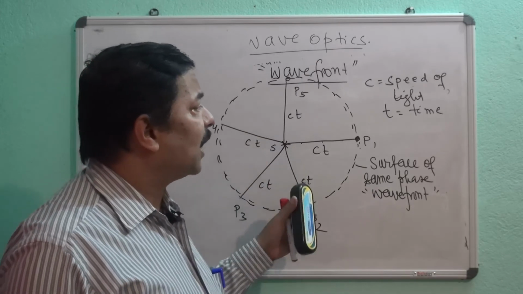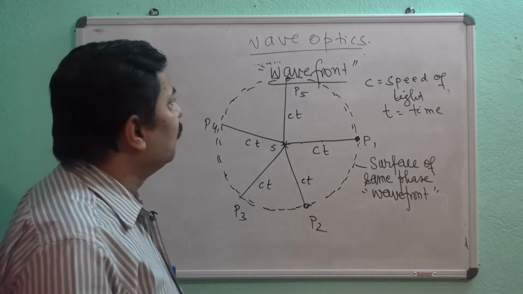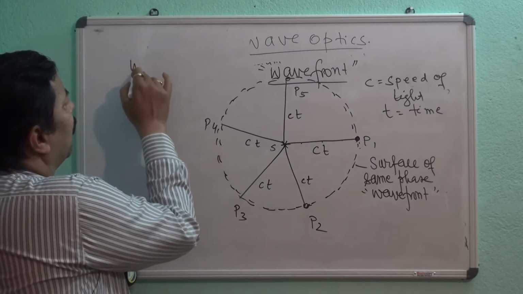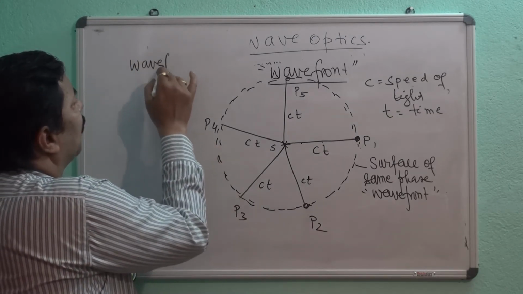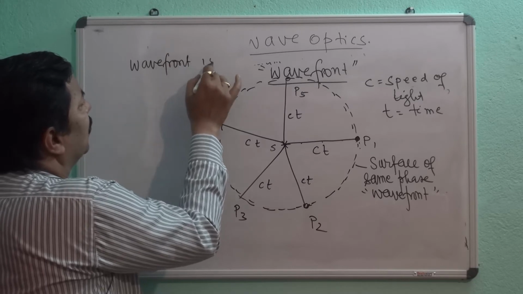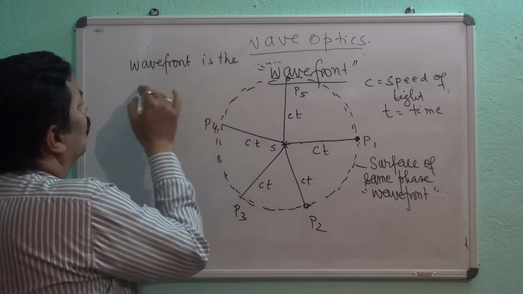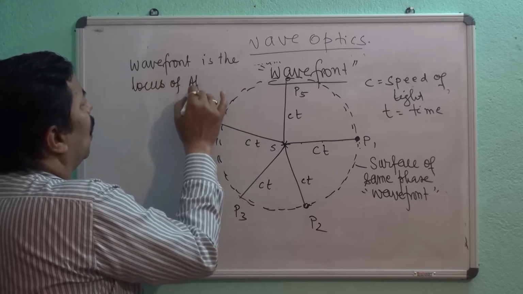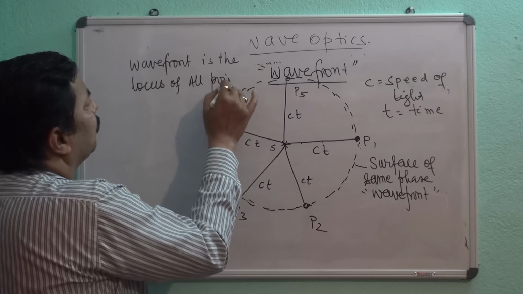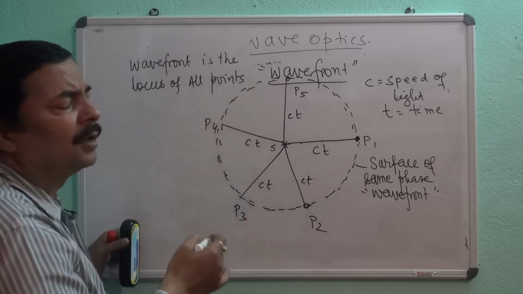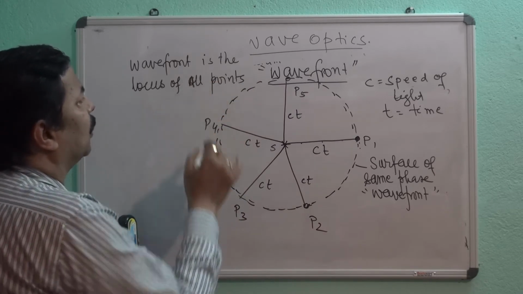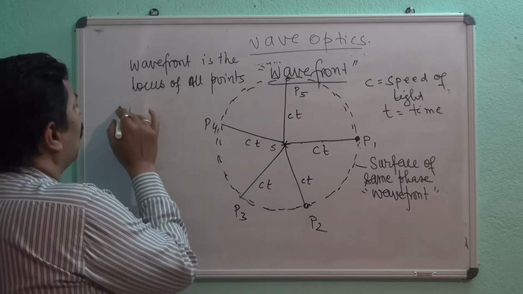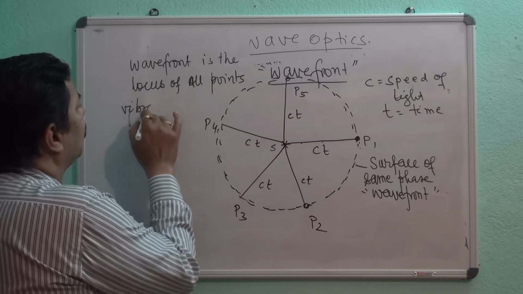Now, how can we define the wavefront? Wavefront is the locus of all points vibrating in the same phase at a time. Locus means path.